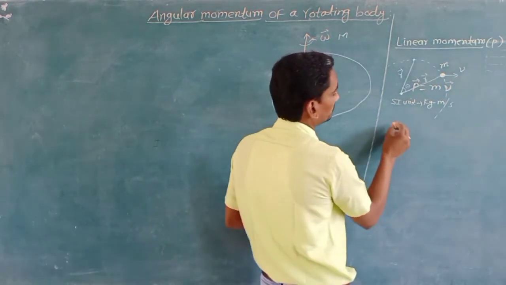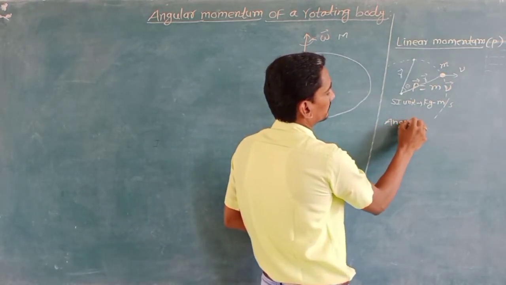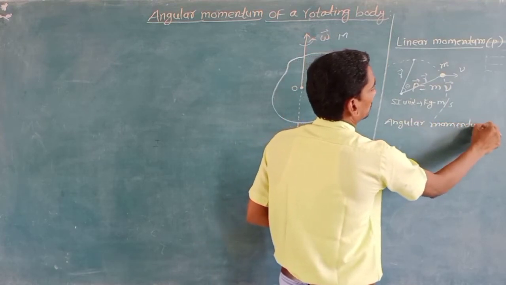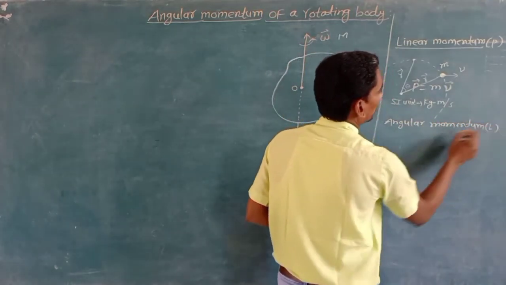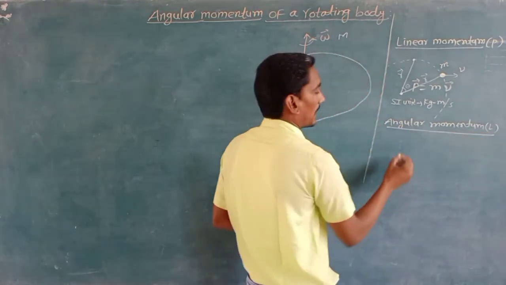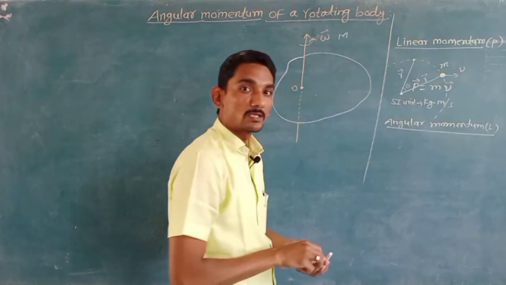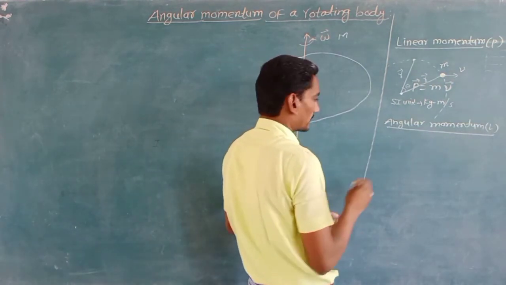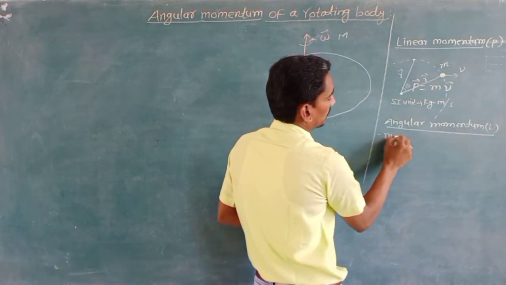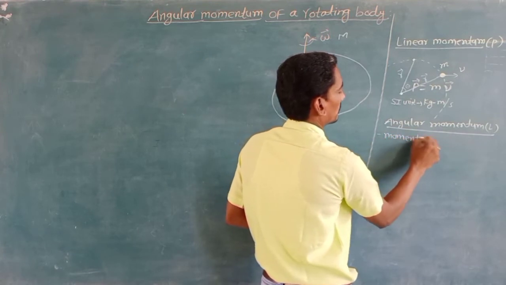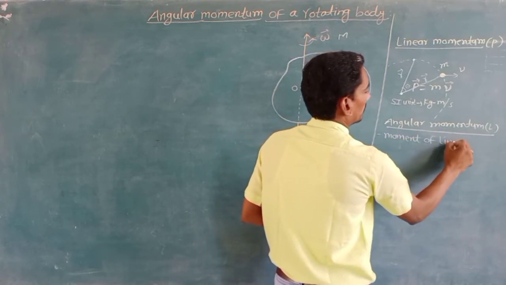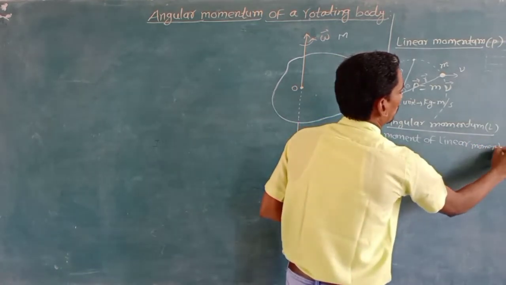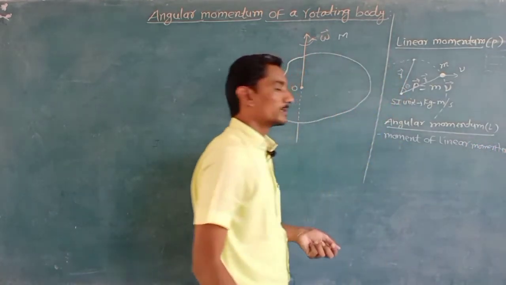Angular momentum is indicated by the letter L, and angular momentum is nothing but the moment of linear momentum. It is defined like this: the moment of linear momentum is called the angular momentum.